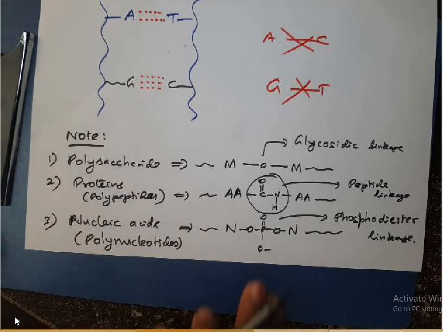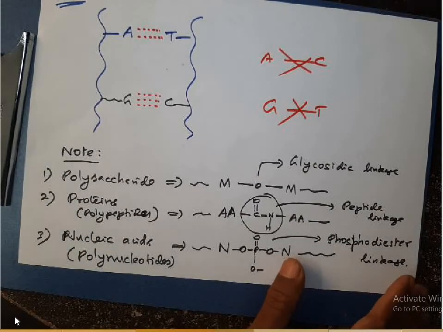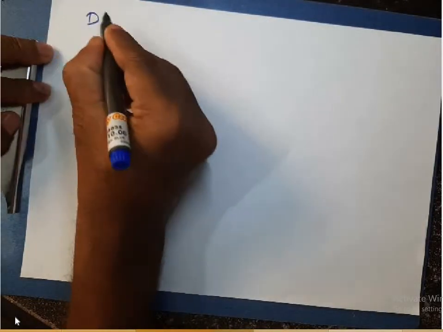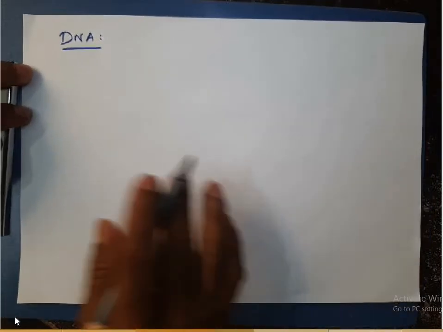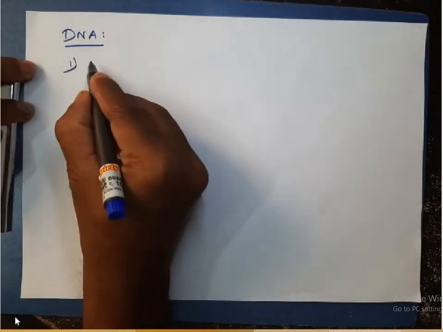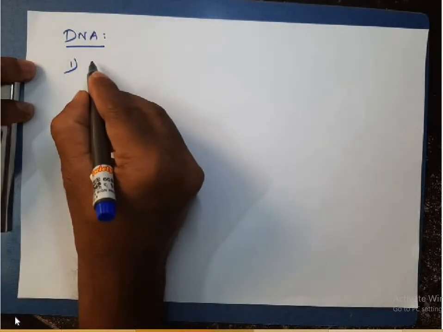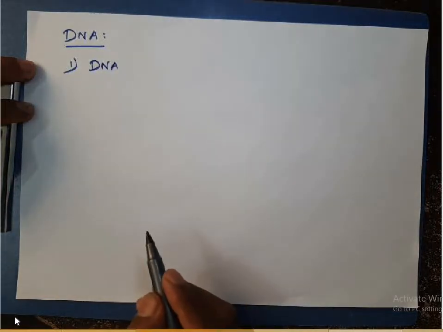Now, the last point. In DNA, I have told you, DNA has two polynucleotide chains. So we have a double strand. Let me write like this: DNA, deoxyribonucleic acid.